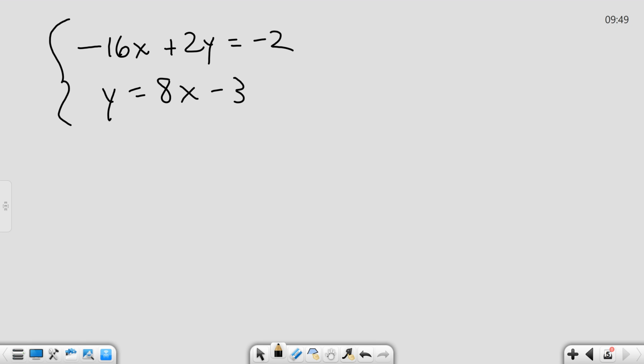Can you see if I'm doing this right? Oh, no. And you put it in there. Negative 6 doesn't equal 2.